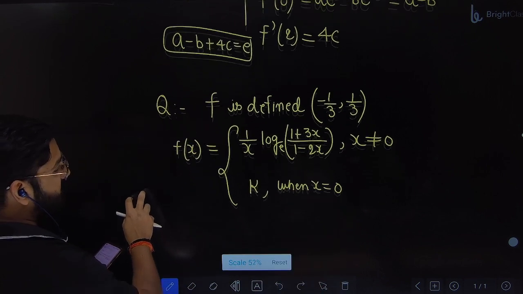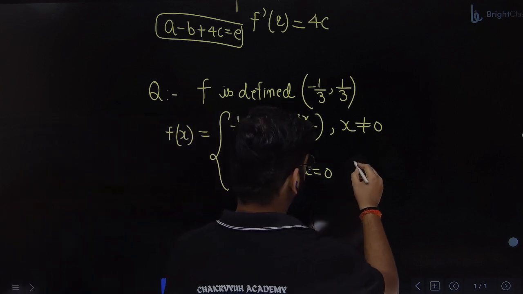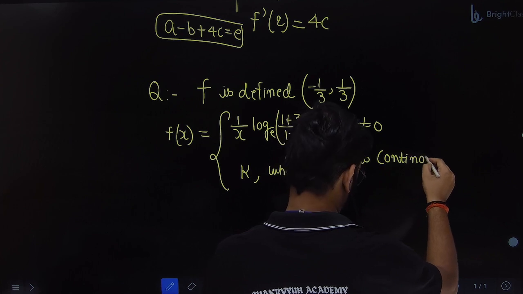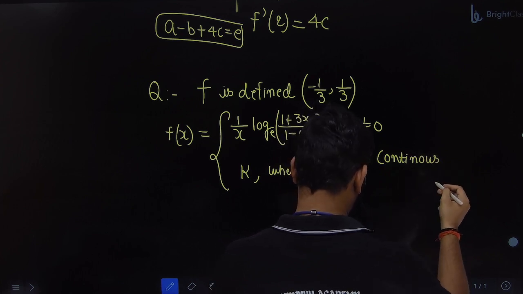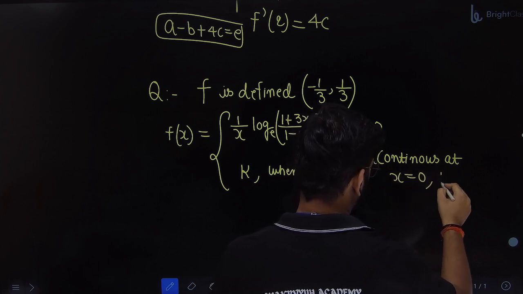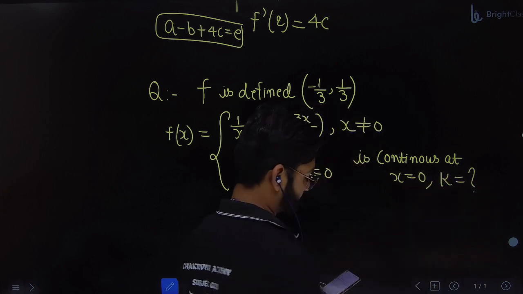So this is how the function is defined. This function is continuous at x equal to 0. Find k.